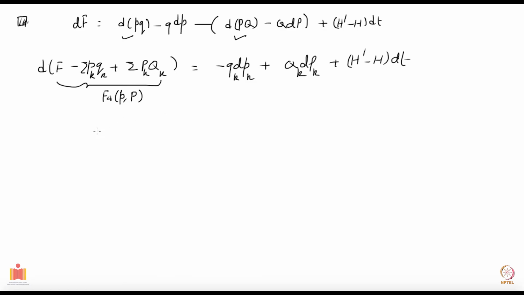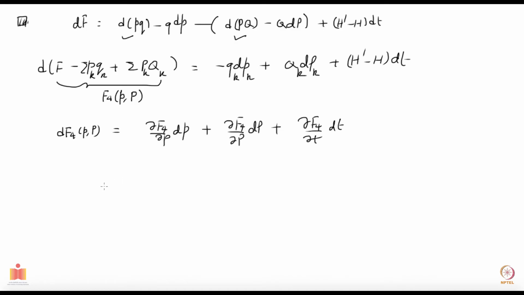As before I write df4 as del f4 over del p dp plus del f4 over del capital P dP plus del f4 over del t dt.